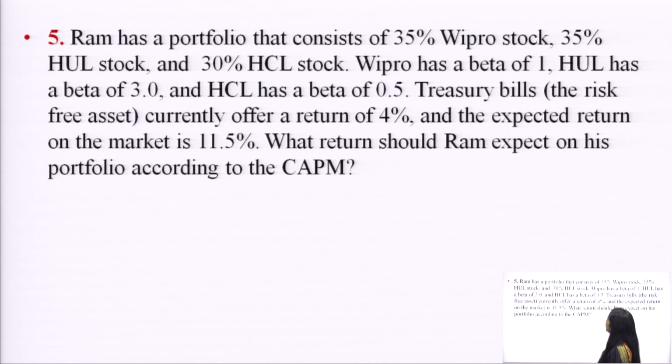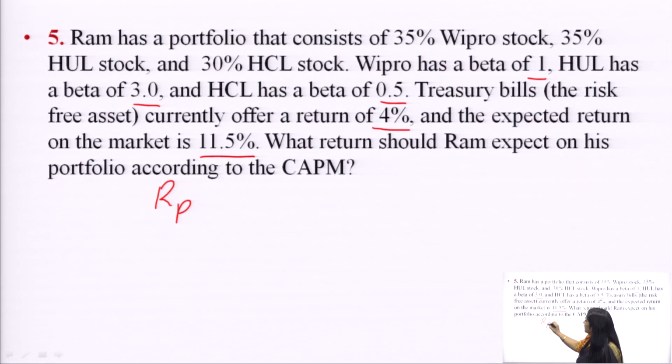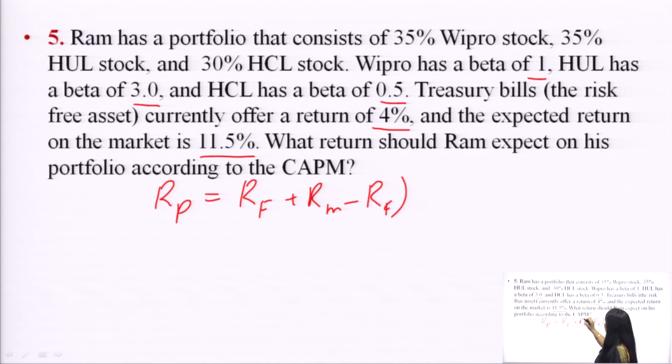We have another question where Ram has to make a portfolio of Wipro, HUL, HCL stock, and he has been provided a beta of these stocks: 1, 3.5, and so on. There is a risk free security in the market which is giving 4% return, and the return on market index is equal to 11%. So, again we have to use the CAPM model to find the return on the portfolio, which equals RF plus RM minus RF into beta P. Here in this question we have been provided RF is 4%, RM is equal to 11.5%, and beta P is not given.